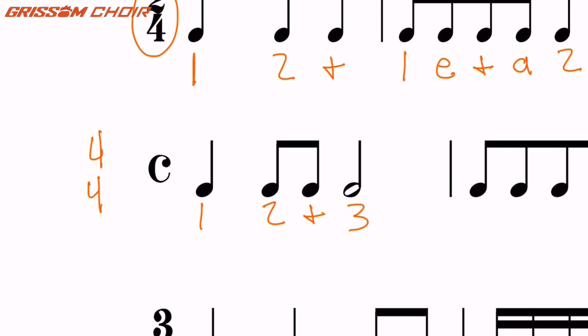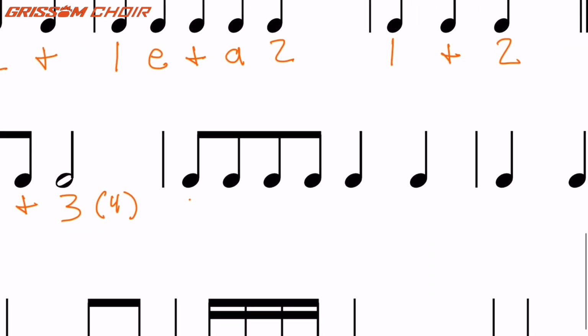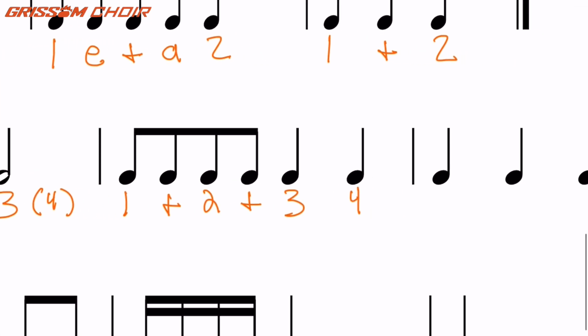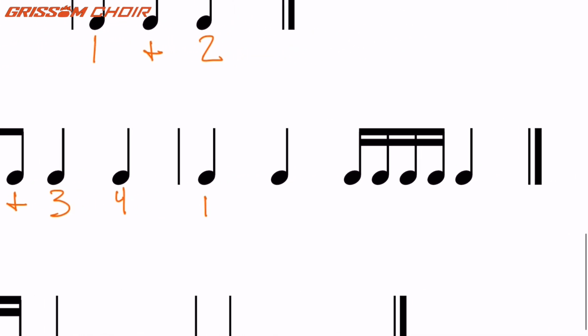Remember that the 4th beat in this measure is inside of that half note, so you can either do 3 dash, you could leave it as just a 3, or you could do 3 parentheses 4. Any of those would be correct. The next measure, 1 and 2 and 3, 4, followed by 1, 2, 3, E, and 4.